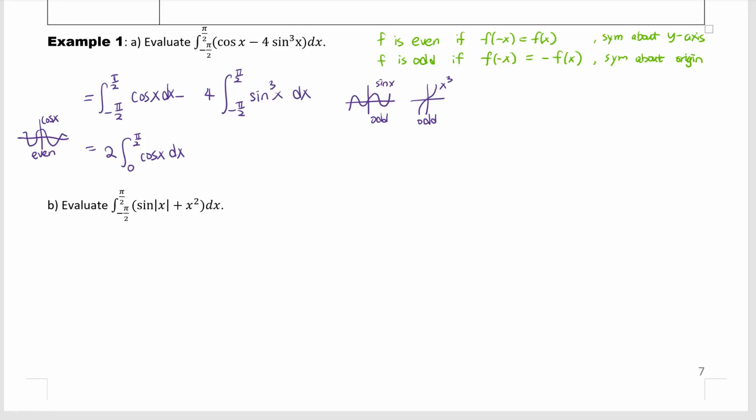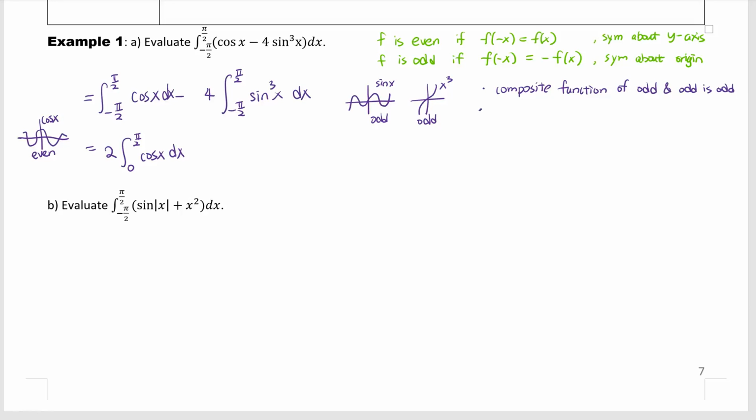So when you have a composite function of odd and odd, it will give us an odd function. Okay, so let me write it down. Composite function of odd and odd is odd.